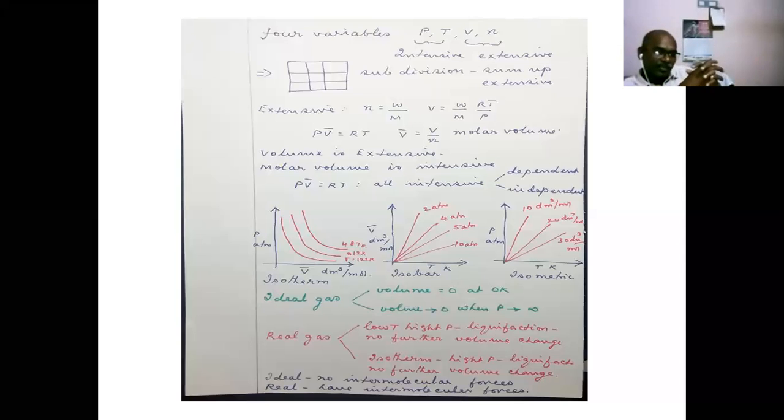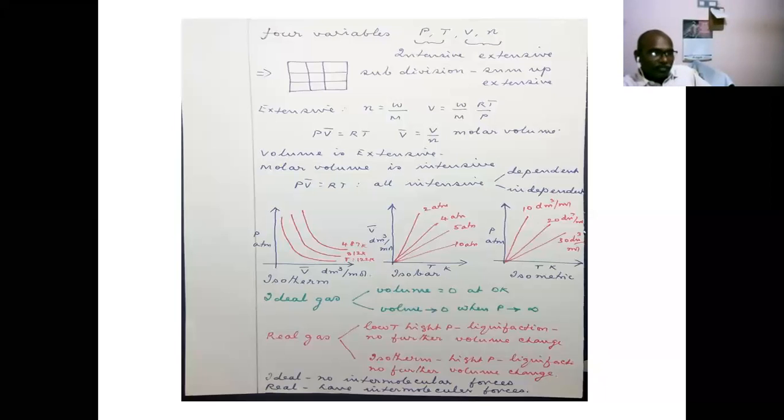And we have seen isotherms, isobar, and isometric. And from these, we have discussed that for an ideal gas the volume is 0 at 0 Kelvin, and also volume approaches a 0 value when the pressure approaches infinity, and also the real gas at a low temperature and high pressure gets liquefied, and after liquefaction there is no appreciable change in the volume.